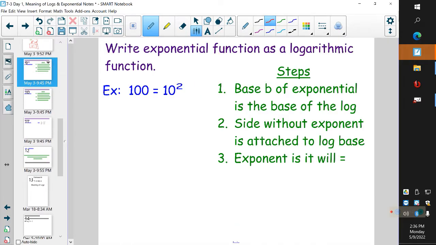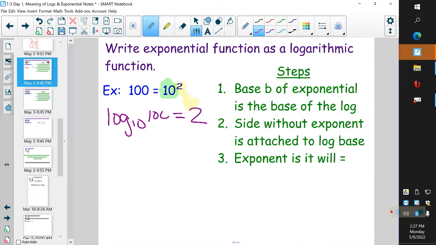Okay, let's do it again. Well, how do I solve these exponentials? Well, these are super easy. I need to go backwards and I need to write my exponential as a logarithm. So what is the base of this exponential? It's 10, so I'm going to write the word log base 10. I'm going to have an equal sign. I'm leaving a space there. And my power is what is going to go down here, so that's going to be 2.